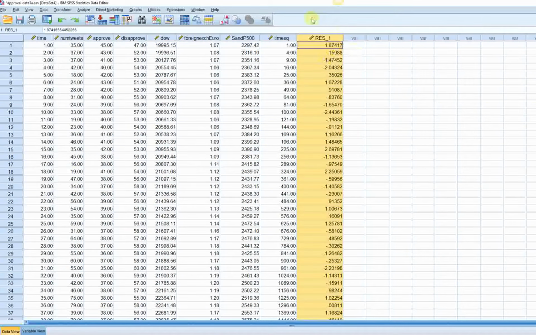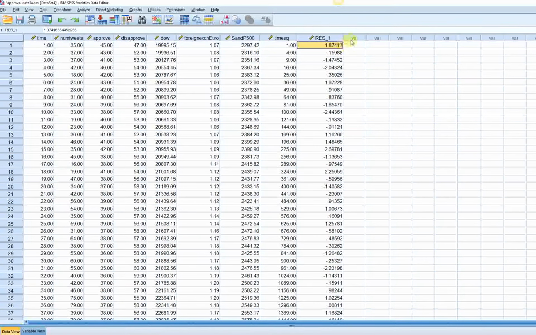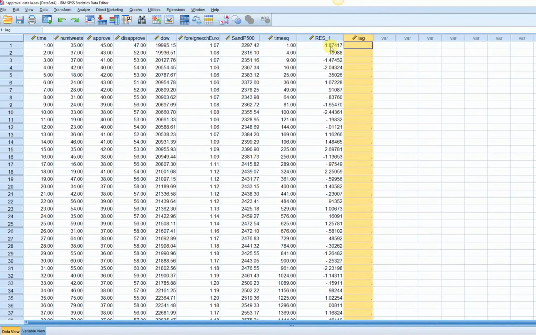The idea is that if the residuals are autocorrelated, the values are correlated with themselves across time. So for instance, theoretically I could create a lag variable for the residuals, at a lag of t minus 1, which is one time period from the current time period.